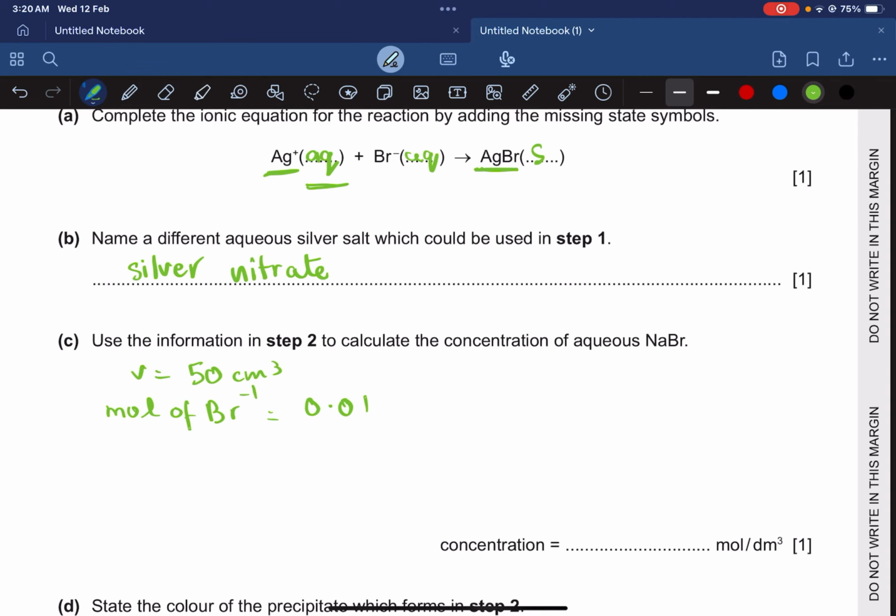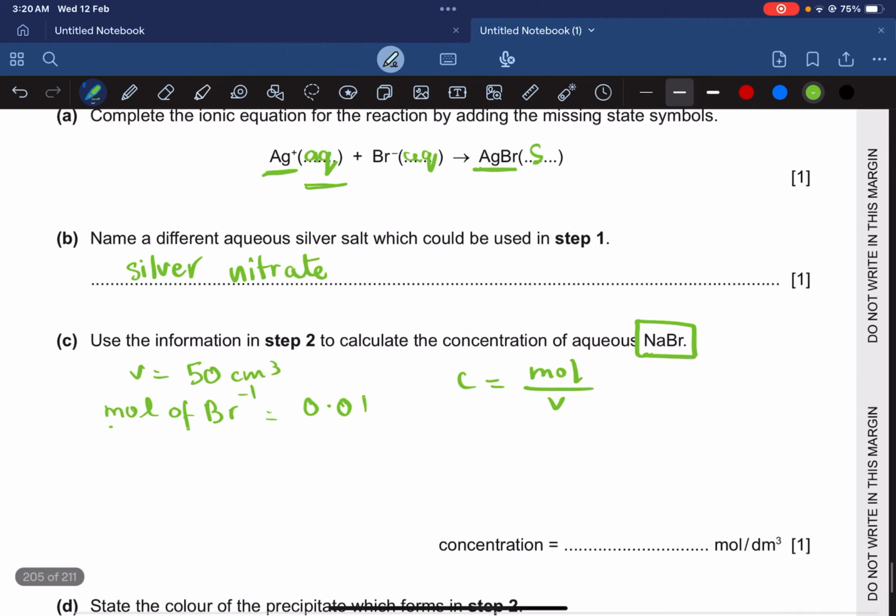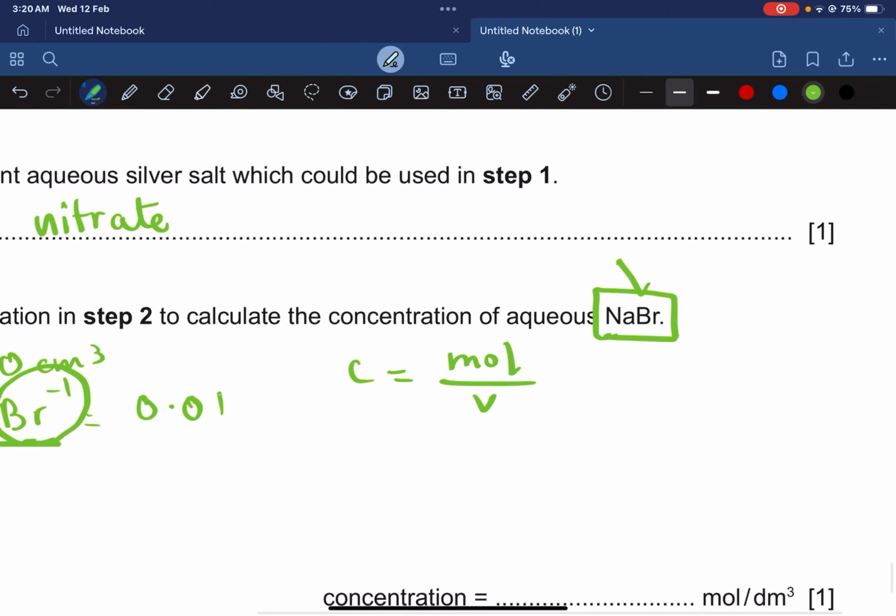Now how are we going to calculate the concentration of NaBr? We're going to do moles over volume, and that is the concentration. Now you might think that this is the concentration of NaBr, so why are we only taking the moles of Br? Because the moles of Br will be equal to the moles of NaBr, because in 1 mole of NaBr we have 1 mole of Br.